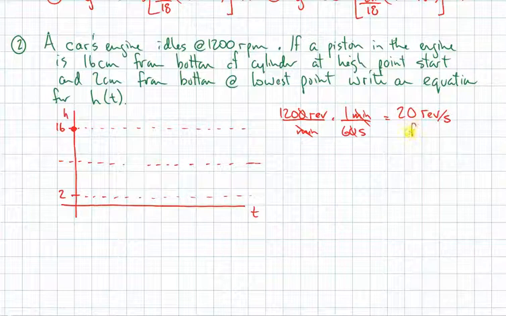Now, this is the frequency, how many events in 1 second. The period is 1 over the frequency, so it's 1 over 20, or 0.05 is my period.